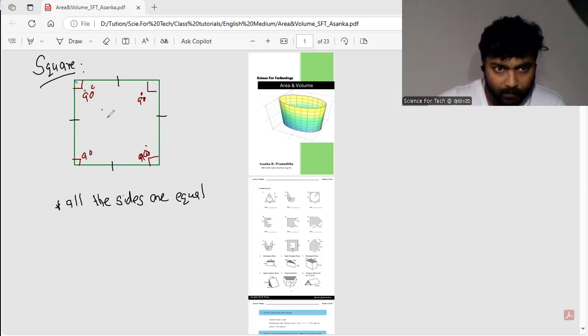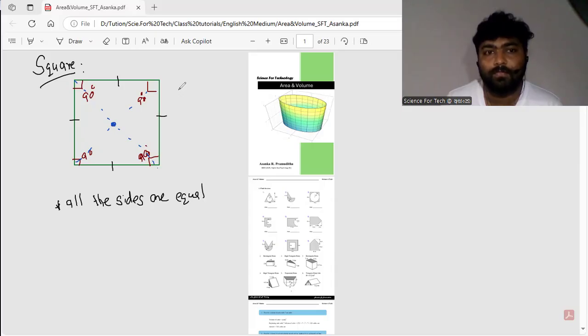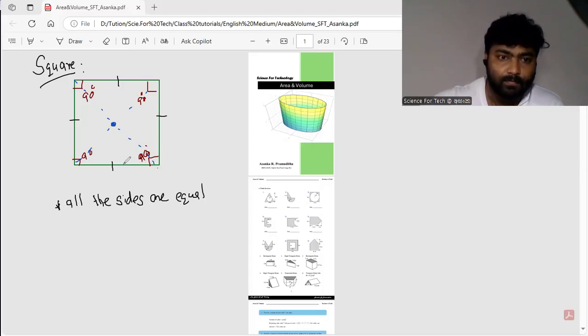What will happen if we bisect these two corners like this? What is this position? Center. Yeah, that is the center.